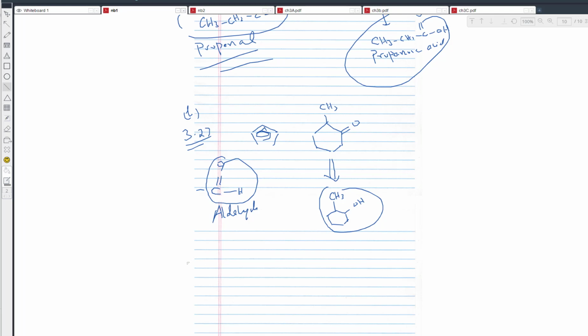Make that carbon which has O and H a primary carbon, then attach OH there. No, that's not it.